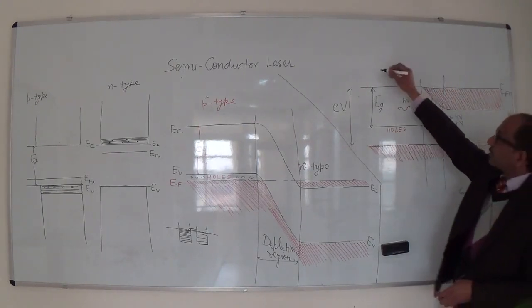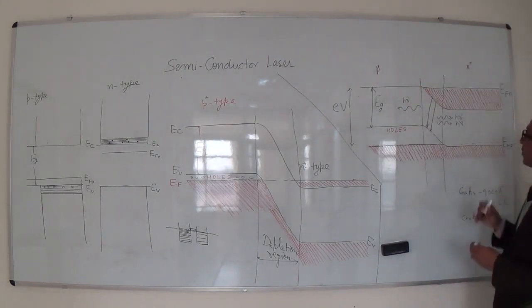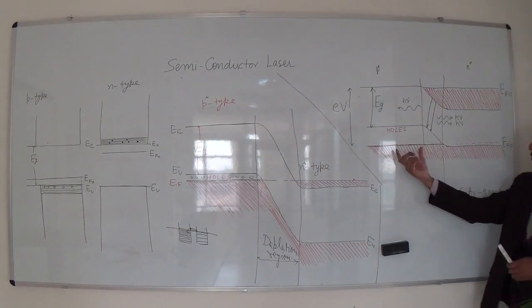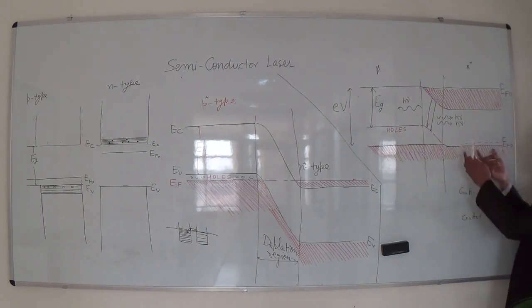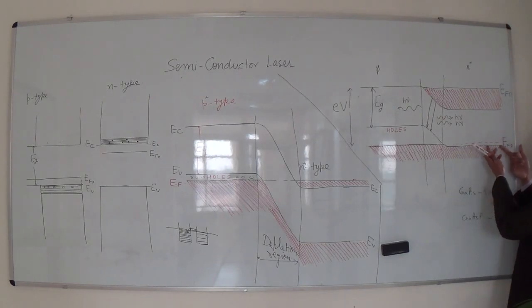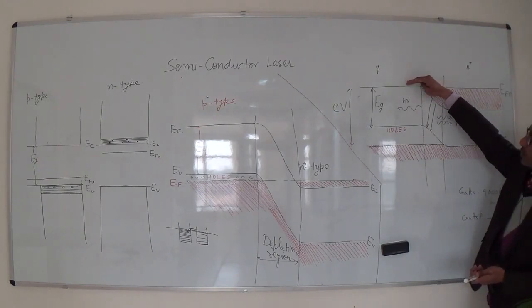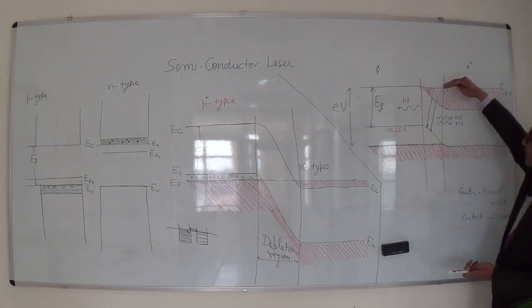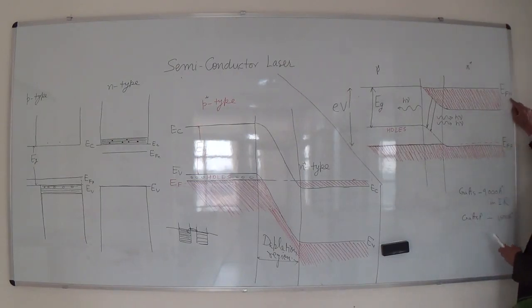This is p-type, p plus, and this is towards the n plus. So the Fermi energy level here is almost at the same height as the top of the valence band, and here this is the top, this is the bottom of the conduction band, and this line represents the Fermi energy level towards the n.